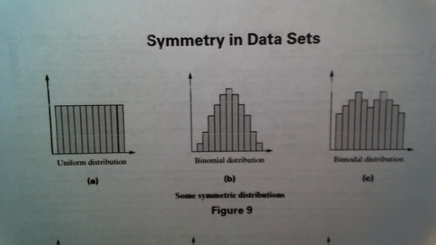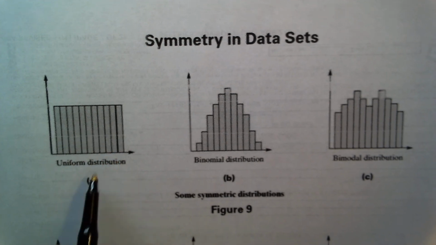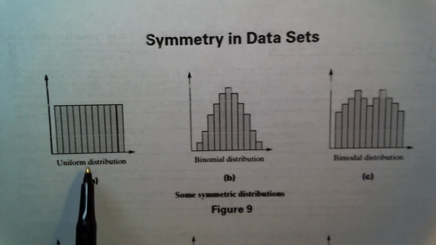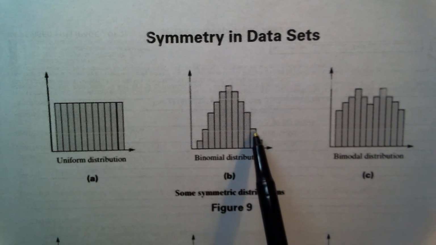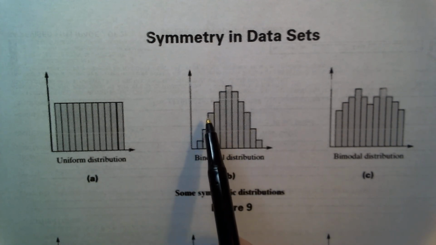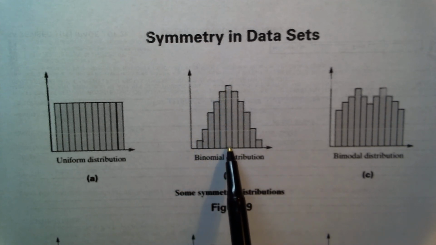A very useful way of analyzing data sets depends on, when we look at the distribution, whether it's symmetric or asymmetric. If it's a symmetric distribution, as you can see here, you can move from a central point to the left and to the right, and each one has about half. So we have maybe a uniform distribution in this example A, and here we have one that is not uniform, obviously, but it's still pretty symmetric about its center.